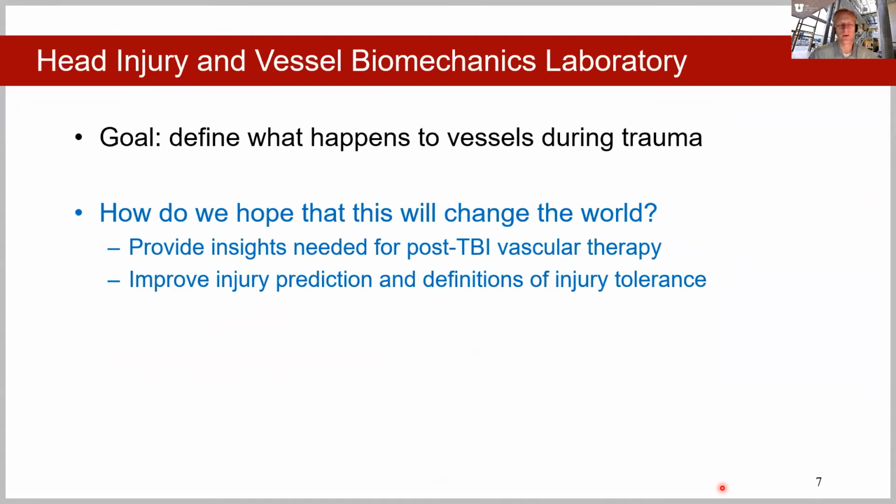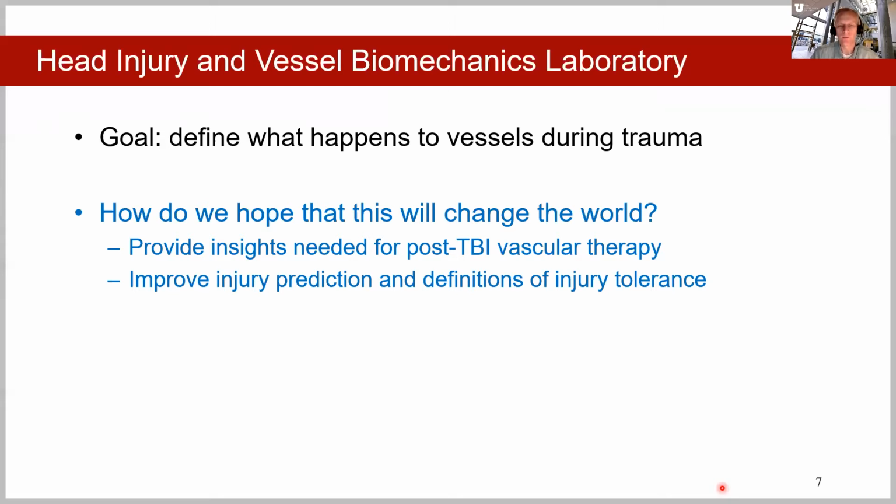And if we ask ourselves, how do we hope that this will change the world? There are a couple of ways that we think we can contribute. One is to provide insights that may be needed for vascular therapy after a traumatic brain injury event. Currently, there's nothing done to treat blood vessels that aren't bleeding. Okay, as long as blood's still moving through them, then we just hope the patient recovers.